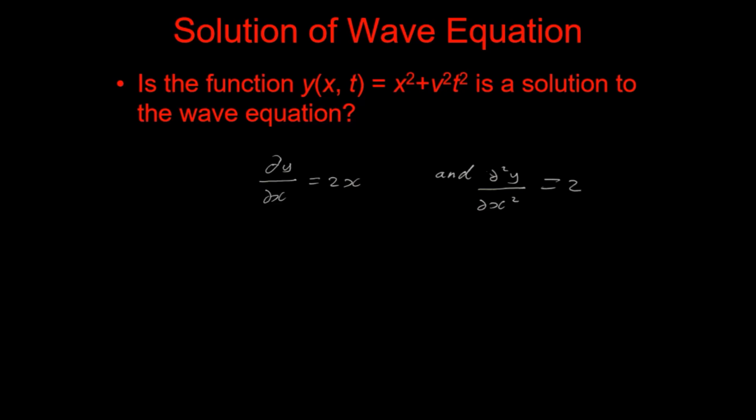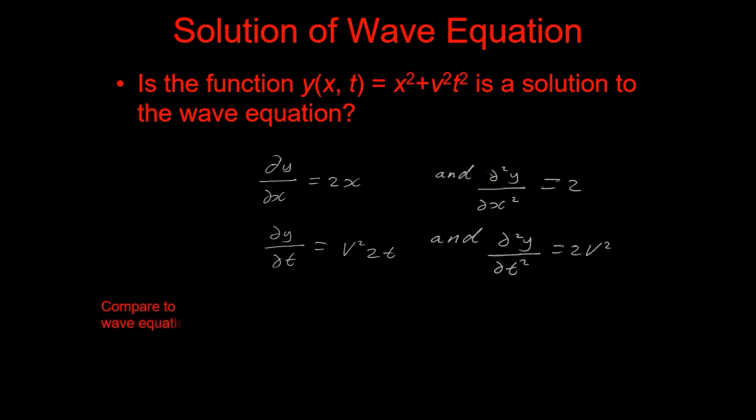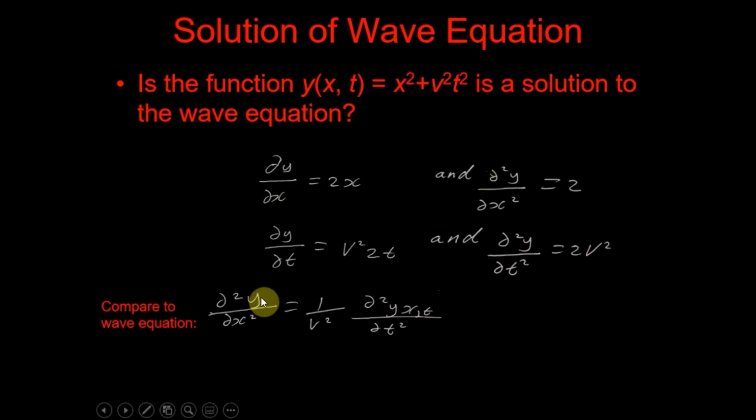Now let's look at the derivatives with respect to time. dy by dt will give us v squared 2t, and d squared y by dt squared will give us 2v squared. Now let's compare that to our standard wave equation and substitute in. Here we have d squared y by dx squared, that's this result.